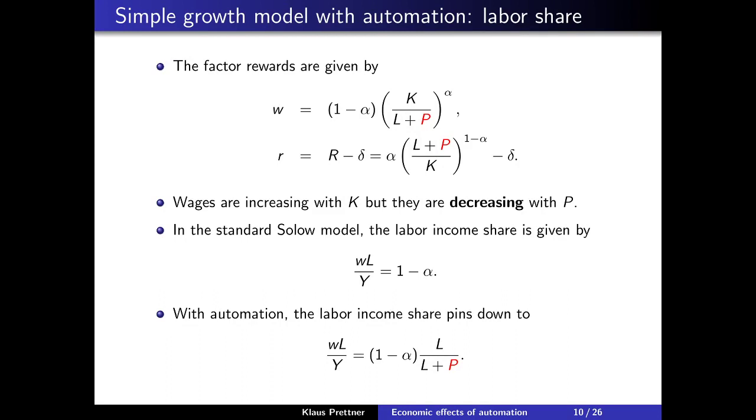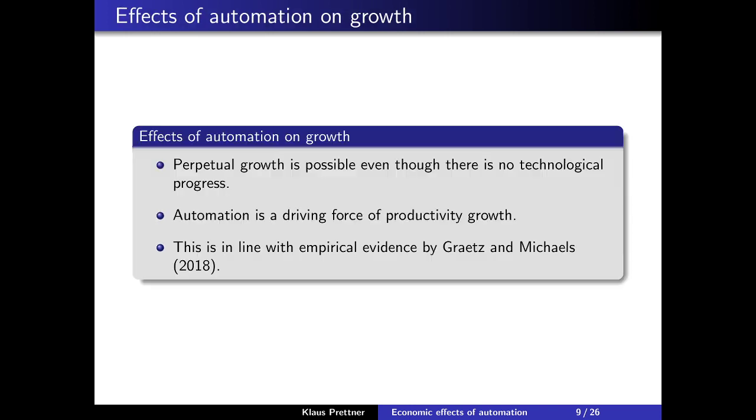However, we know that people are afraid of some of the distributional consequences and particularly also of unemployment. So what we do also is to analyze what happens in the model to the functional income distribution and the personal income distribution. To analyze this, we have to derive the factor rewards, the wage rate and the interest rate, and that's basically the marginal value product of the corresponding production factor.